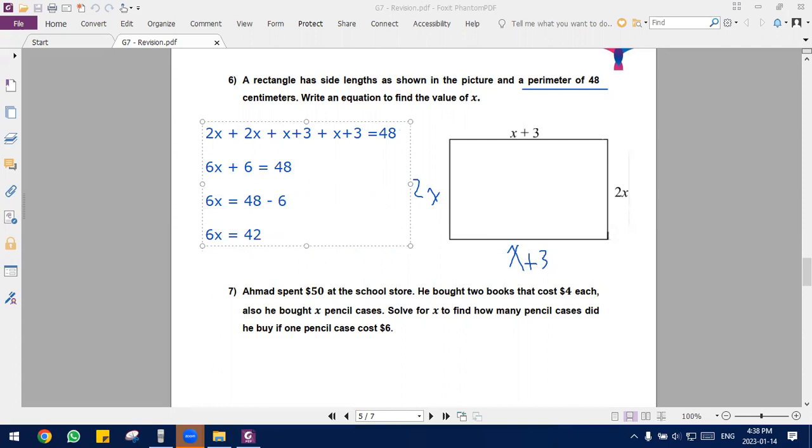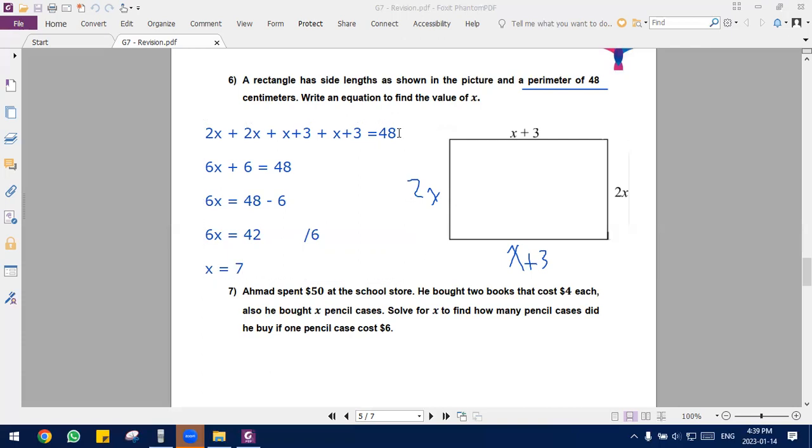To find the value of x, not 6x, I divide by 6 to get only one x. So we divide the whole equation by 6. So x equals 42 divided by 6, which gives me 7.